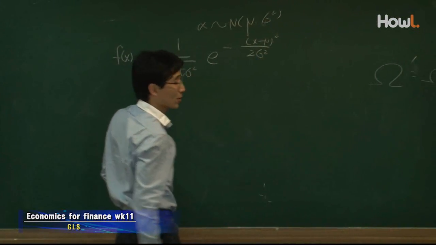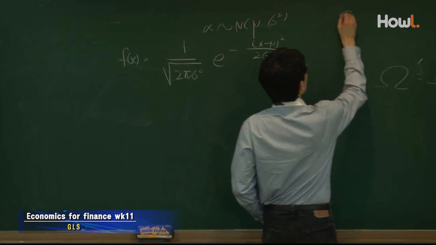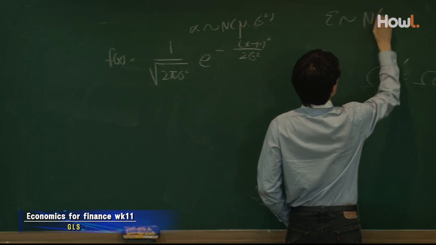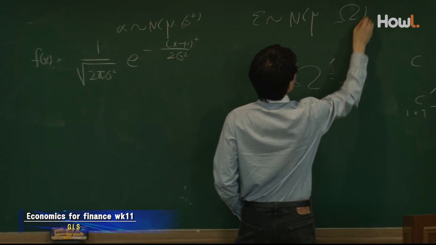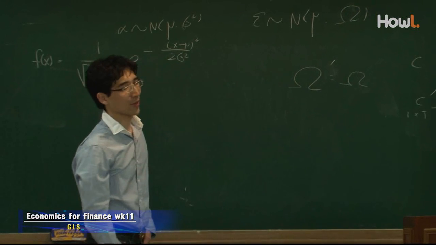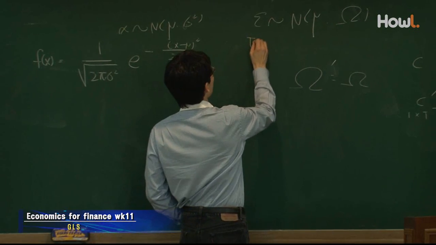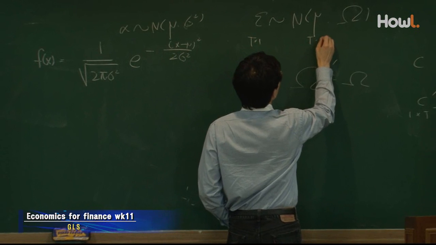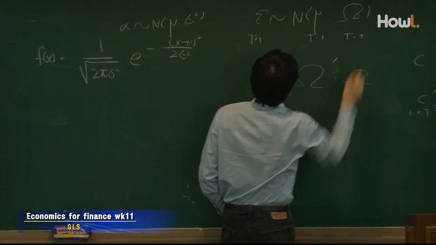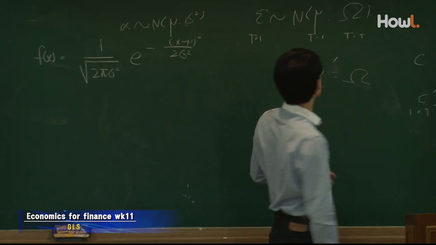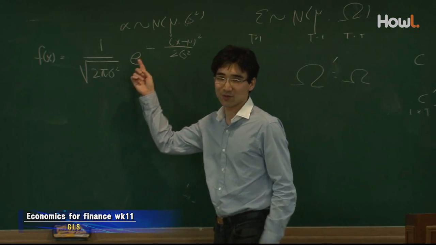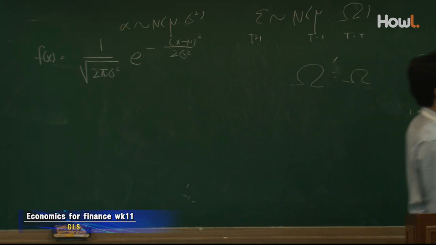But if we have a vector, epsilon, mu is the vector, and Omega is now a matrix. So it is a T by T matrix. In this case, the distribution function is more generalized than the scalar one, and it looks like this.